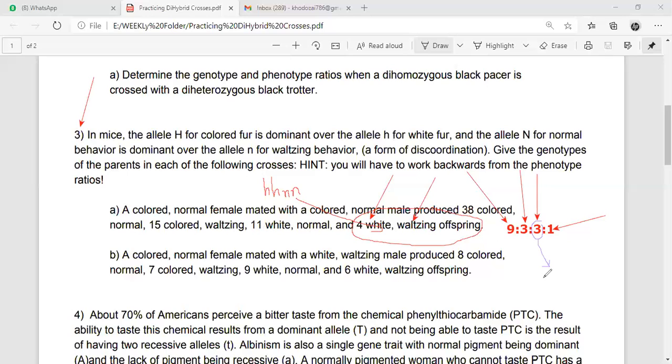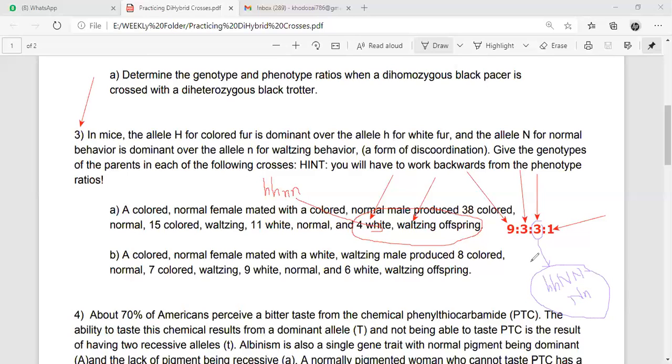White will obviously be small h, small h, like this. And normal can be either capital N, capital N, or capital N and small n. So these are the possible genotypes.